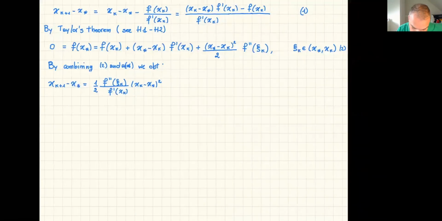You want to have control over these, you want to be able to bound these things. Second, I start seeing something that looks like an error at the k plus 1th iteration, and it's related to the error at the kth iteration squared, which is reminiscent of what Newton's method does effectively. Remember the quadratic convergence that I mentioned on other occasions during the course.